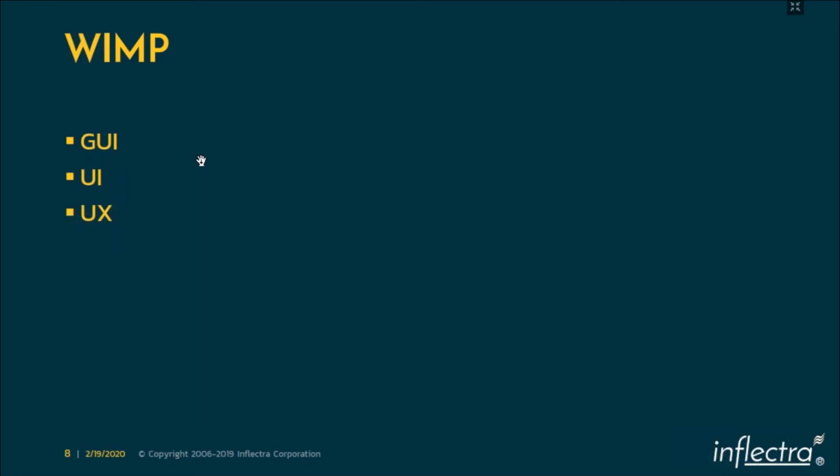But since WIMP became the implementation that everyone uses, in all computing systems, in X Windows and NeXT, and everywhere, GUI became a synonym for WIMP, and then it was replaced by just UI.